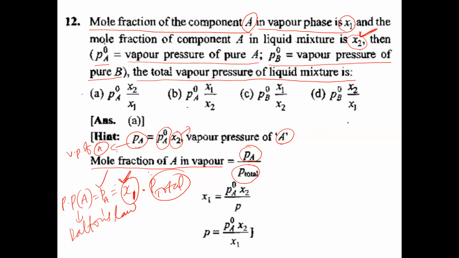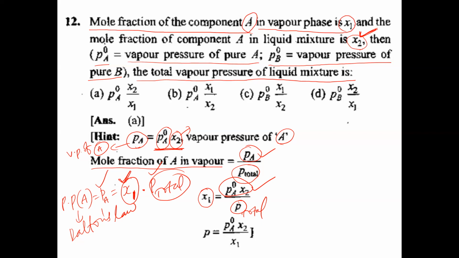Now PA is equal to PA naught X2, so in place of PA we substitute PA naught X2 by P total.